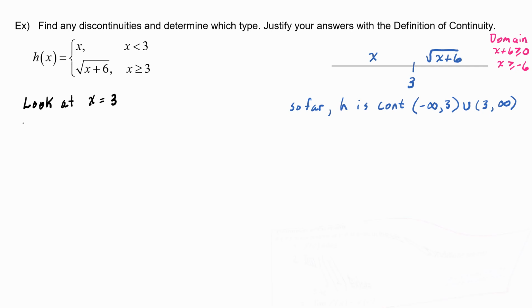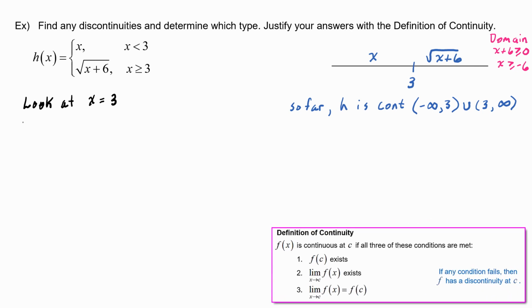So the definition of continuity, step 1, says we need to do h of 3. H of 3 means we're plugging into this piece. If we put that value in there, we're doing the square root of 3 plus 6, which is radical 9, which is 3.